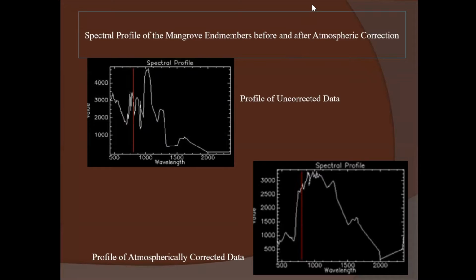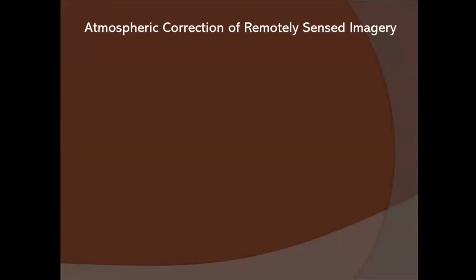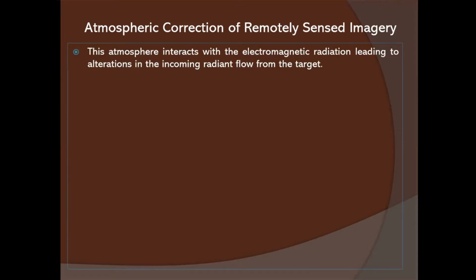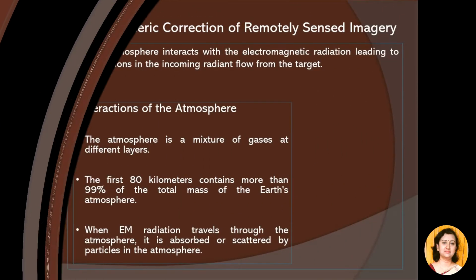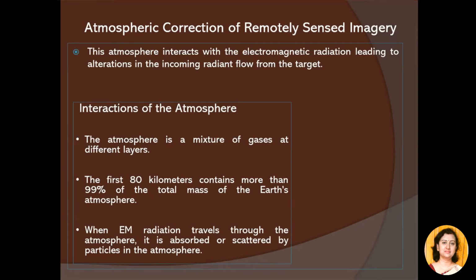So before we start the demonstration of atmospheric correction algorithms, let us briefly try and understand why we do atmospheric correction. As you are all students of geoinformatics, you should know that the basic objective of remote sensing is to characterize the properties of objects through detection, that is object detection, registration of the images, and its analysis.